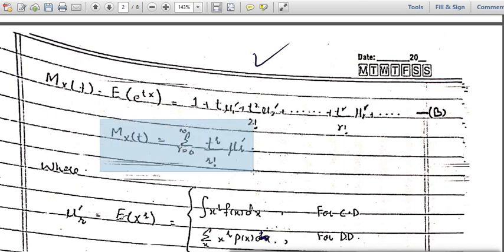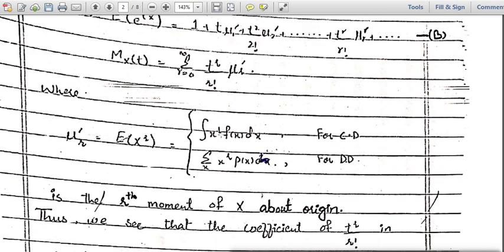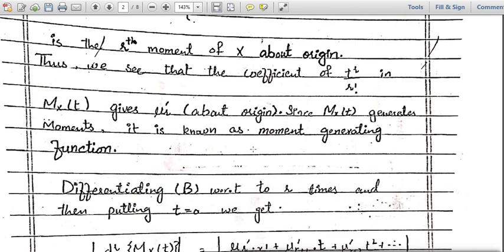This is another definition of the moment generating function, where mu r prime is equal to the expected value of x to the power r, for continuous and for discrete. This is the rth moment of x about origin. Thus we see that the coefficient of t to the power r over r factorial in M_X of t gives mu r prime, the rth moment about origin. Since M_X of t generates the moments, it is known as the moment generating function.